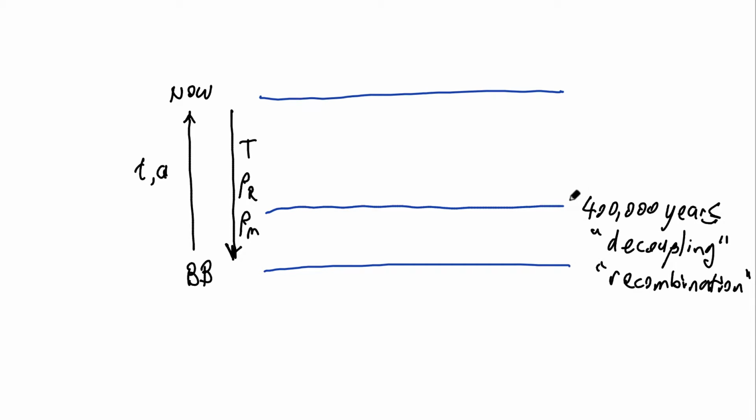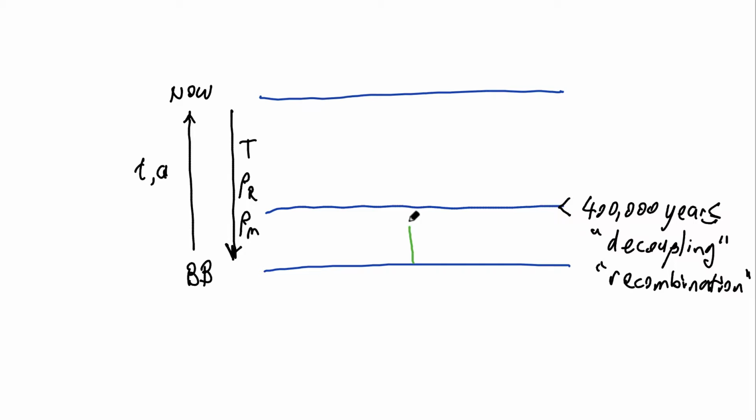The decoupling time is important because this is the time in which the universe became largely transparent to electromagnetic radiation. Prior to this time, the universe was opaque, so electromagnetic radiation was absorbed by the ionized matter almost as soon as it was released. So when we look out into the universe today and we see the cosmic microwave background radiation, what we're seeing is the photons that were released at the decoupling time.